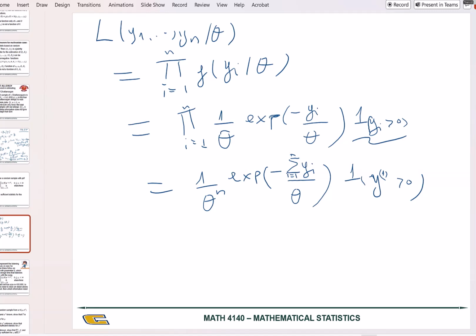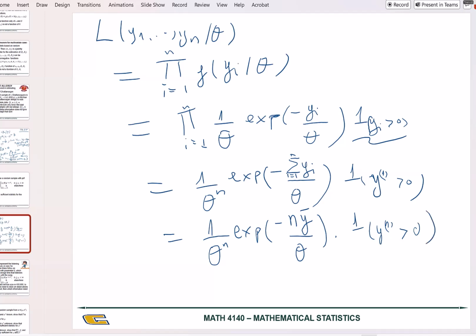So now you can see that it can be written as theta to the negative n, then exponential of negative n y bar over theta, times this function, the indicator that the minimum y1 is non-negative.